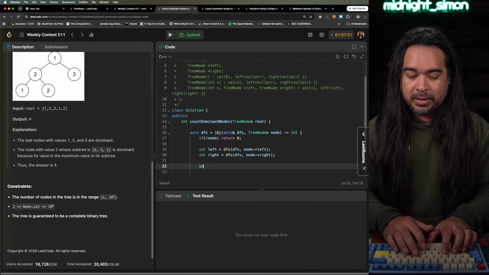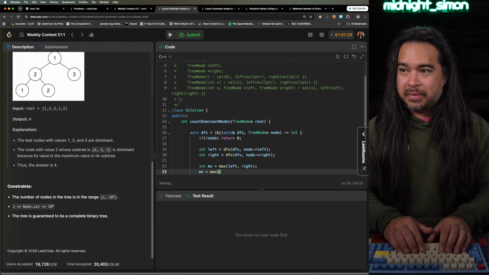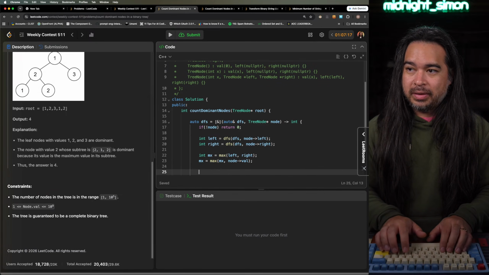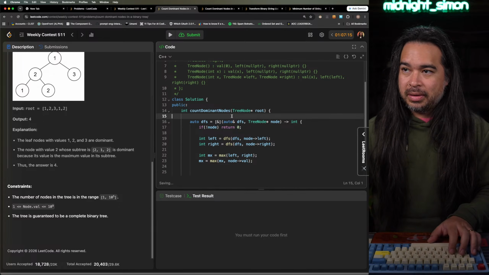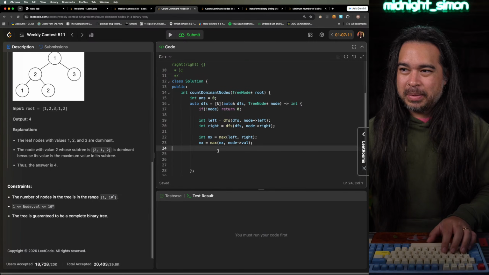I'm gonna return the max of left and right, and then the max is the max of max, and then the current node that we're at. So now I'll just count like this, man.